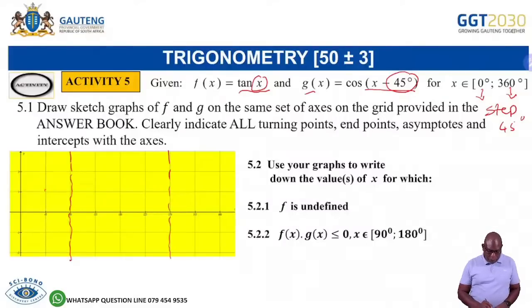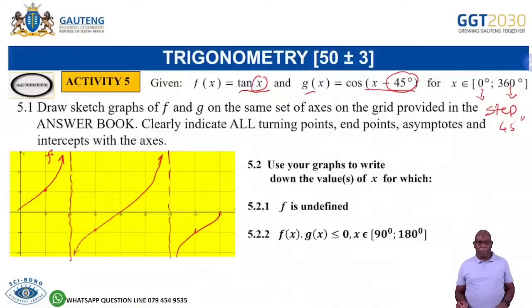Then I know at 45 it's 1, so this is the only point that I can draw in there. I know at 135 it's -1, so at 180 it's going to be 0. At 135 is there, so I'm going to go there, and my tan graph is there. There's no child without a name, so this child's name is f.